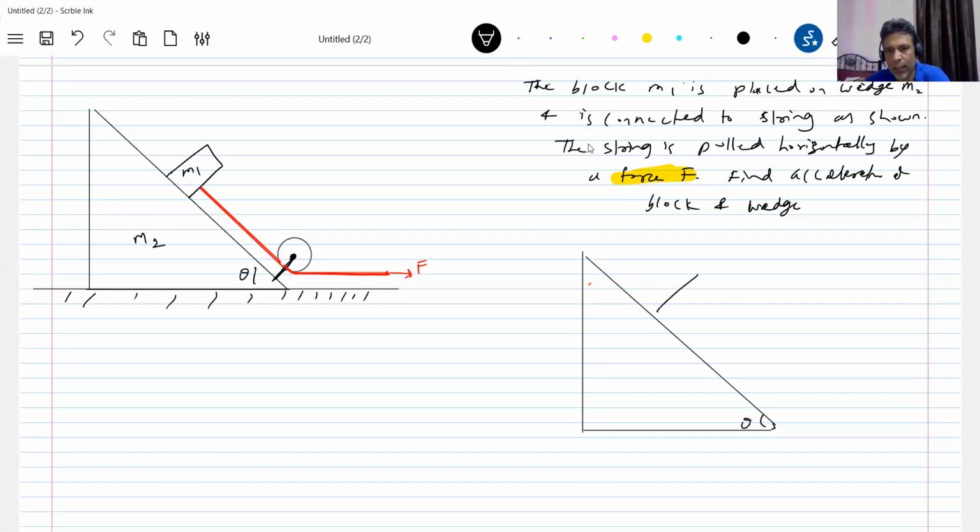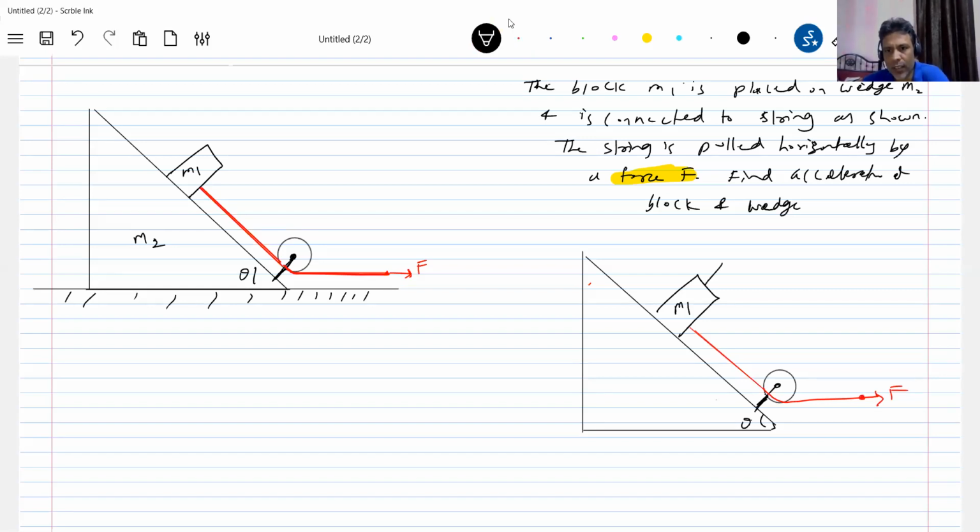This is theta, this is block M1, this is a pulley, this is a string. I'll pull with a force F.